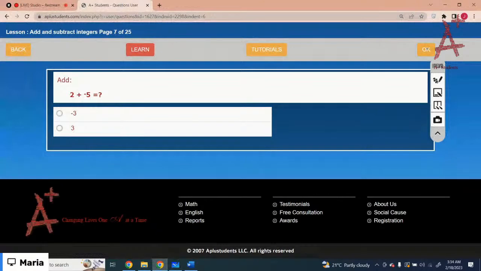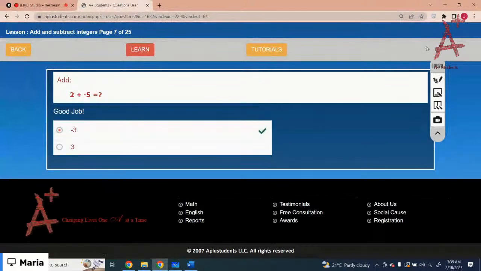Got it? So 2 minus 5 is minus 3. Got it? So the correct option is minus 3. So just select the correct option, then click on the OK button.